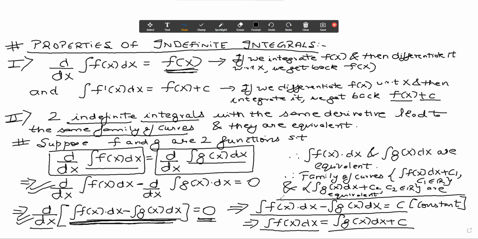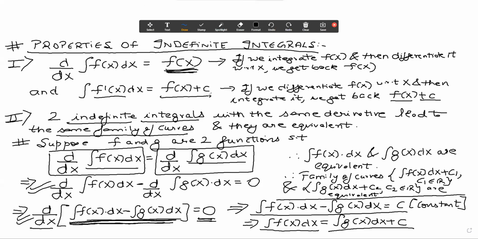So property 1 says, I'm revising it. Property 1 says, if you integrate a function and then differentiate it, you will get back the function itself. Within property 1, the second part says, if you differentiate a function and then integrate it, you will get back the function plus the constant of integration.